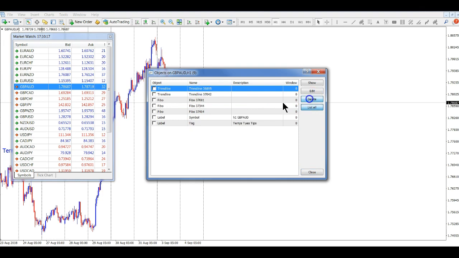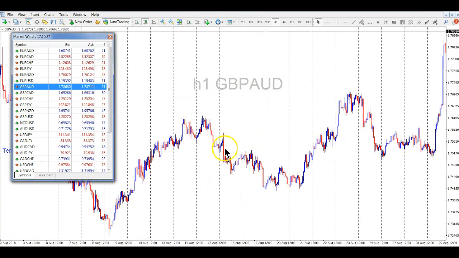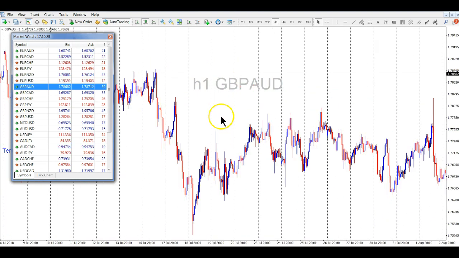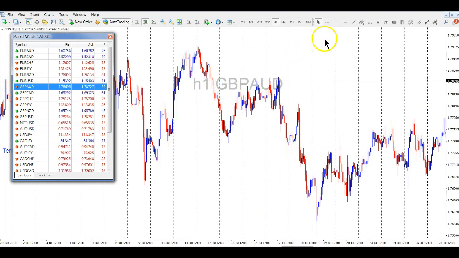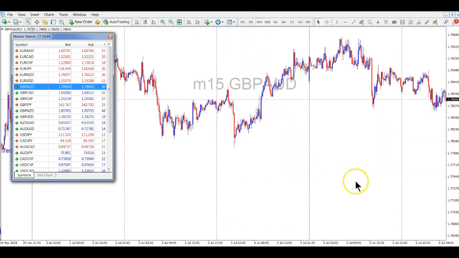Show you. Okay, let's see. Are we waiting on it to get back up there to that 618? And we're trading on the 15-minute time frame.